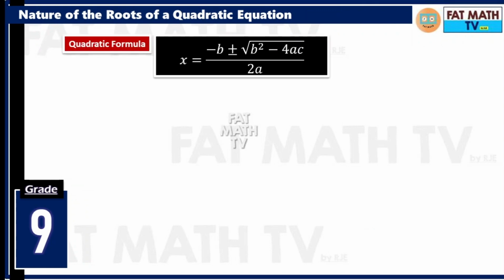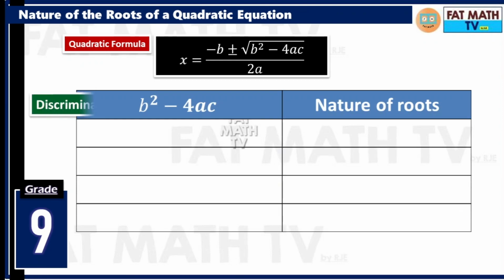If you can remember the quadratic formula, we have x equals negative b plus or minus square root of b squared minus 4ac over 2a. Actually, this part of the formula, the b squared minus 4ac, is called the discriminant. The discriminant will tell us the nature of the roots of the quadratic equation.